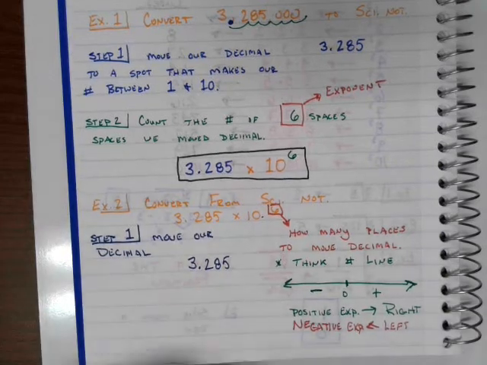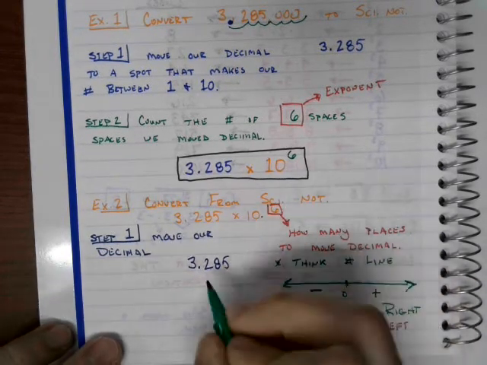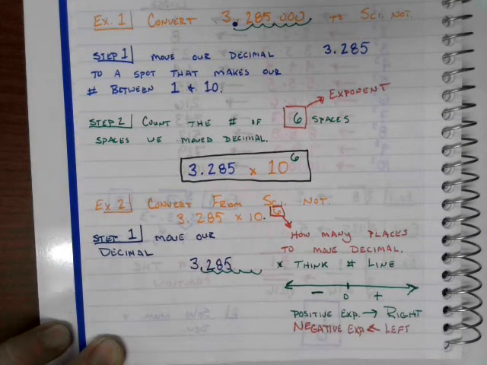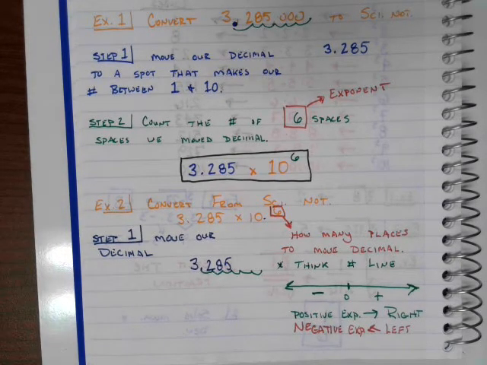So if we're moving this to the right 6 places, I'm going to go 1, 2, 3, 4, 5, 6. And I'm going to write this as step 2, although I really don't think you'll need it, but we're going to write it anyway.